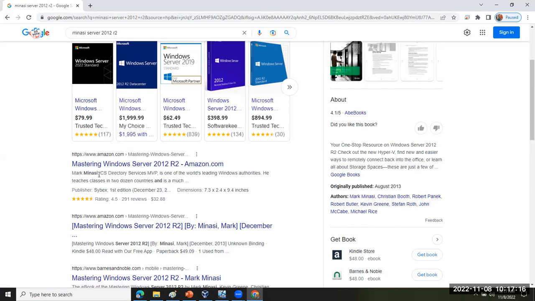But Minasi was considered to be the definitive expert, sort of an Albert Einstein in his field. The thing that distinguished Minasi from all other authors is that he had a sense of humor, and he wrote in very understandable prose, and he revised his Mastering Windows Server 2000 for each version that came along: 2003, 2003 R2, 2008, 2008 R2, 2012, 2012 R2.